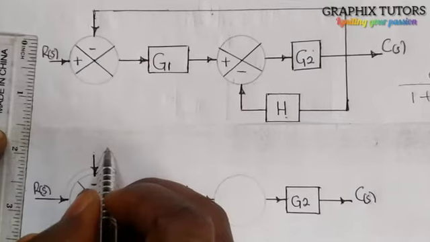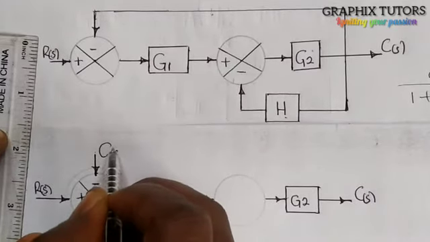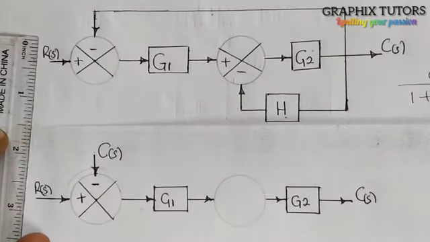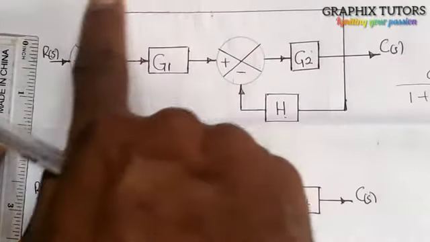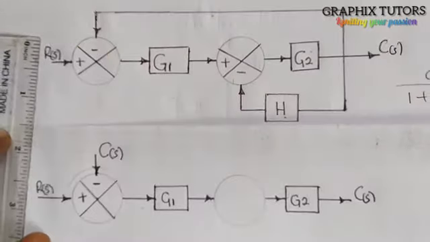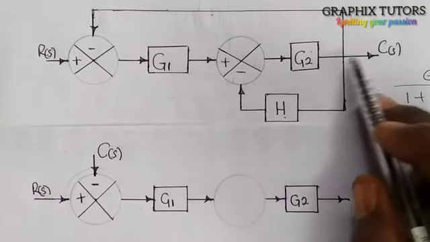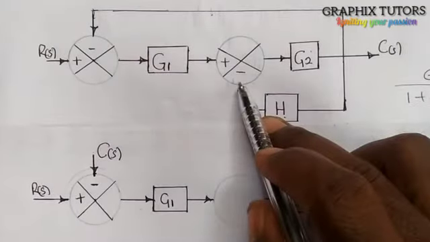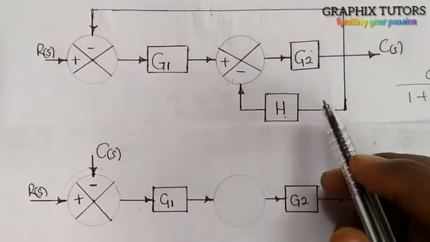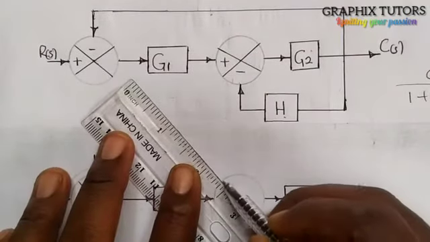That is the output C(s) coming in here. Also the same negative feedback, the same C(s), is coming into here. So I can decide to do this.